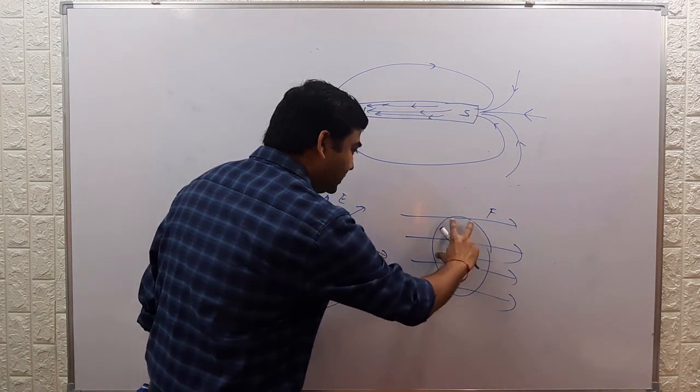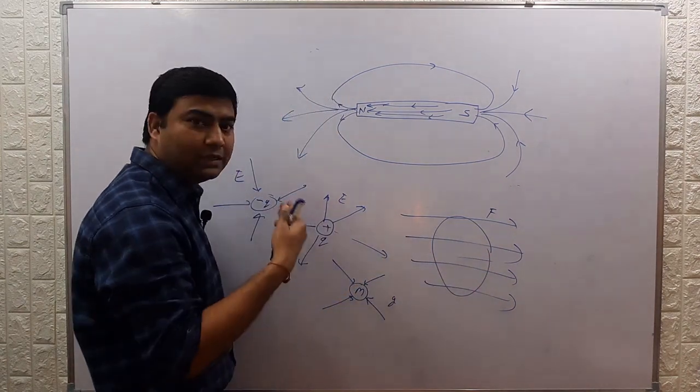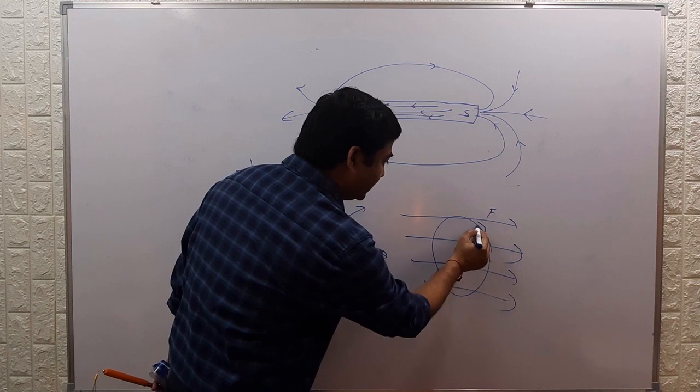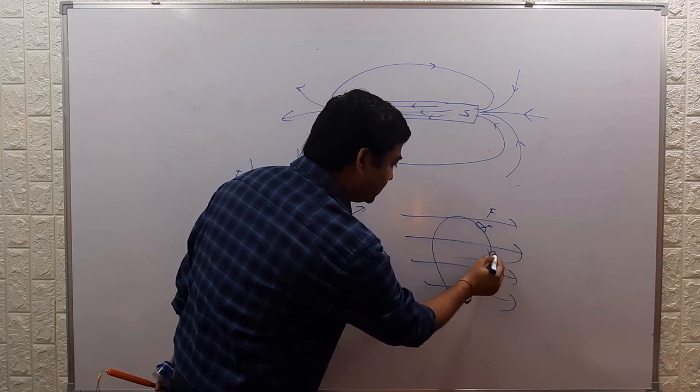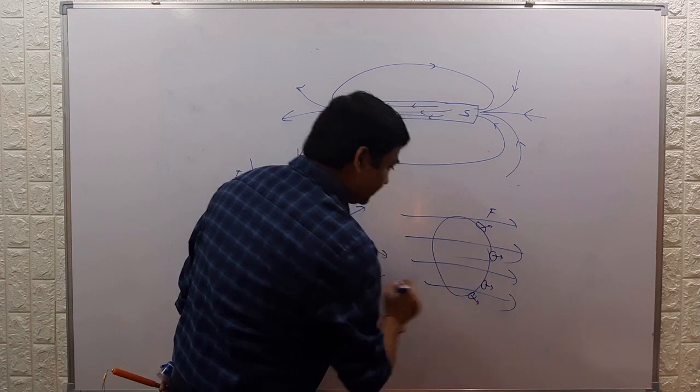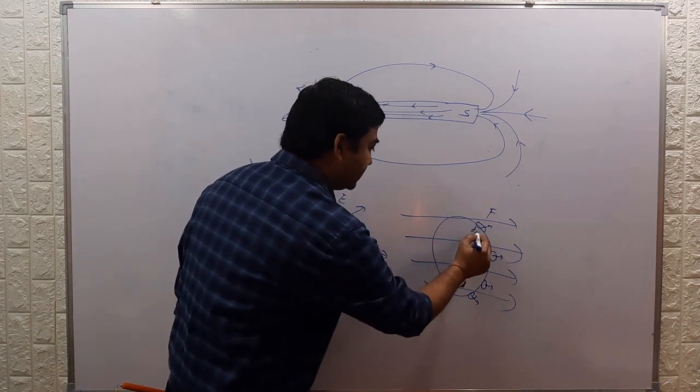When you carry out this integration to find the net flux through this Gaussian surface, you will divide it into small areas dA. So these are all dA.